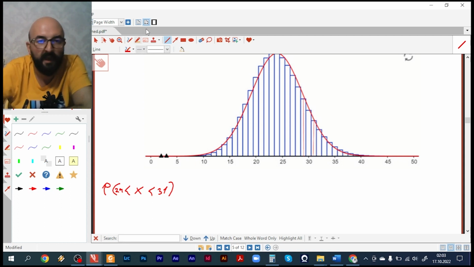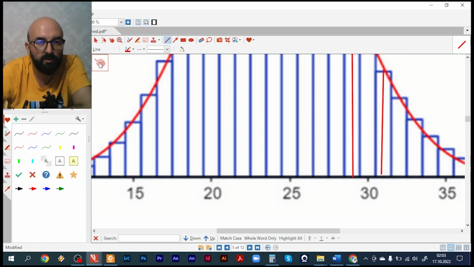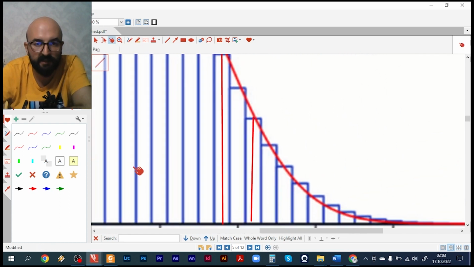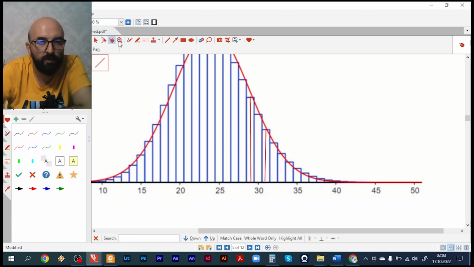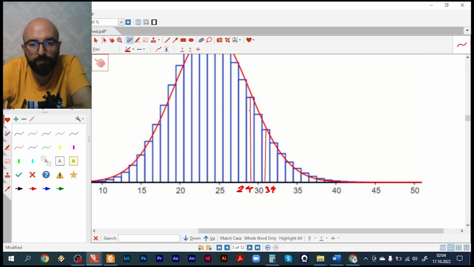I want to use the bigger graph. You want to compute greater than 29, but in the normal curve you should find this area.